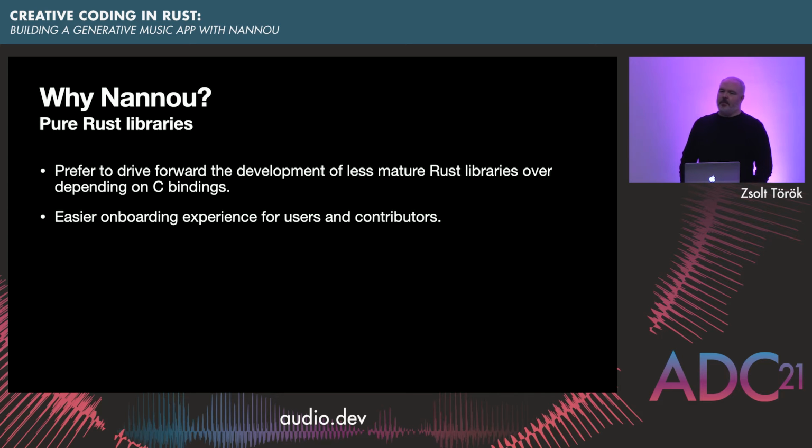And speaking of libraries, the Nannou framework has decided to prefer to drive forward the implementation of sometimes less mature Rust libraries depending on C bindings. And they've done that for two reasons: provide an easier onboarding experience for people using the framework, and also make it easier for people to contribute to the code base.